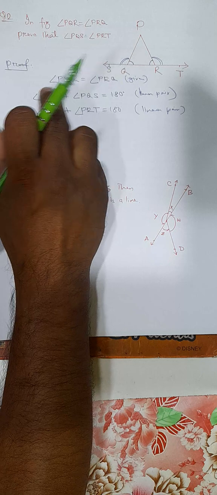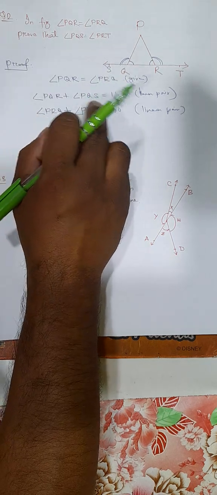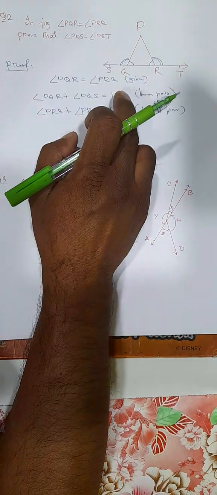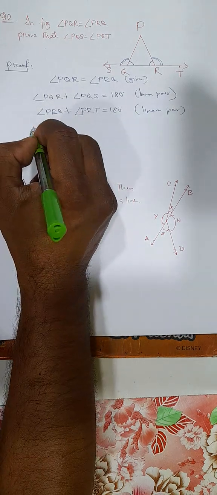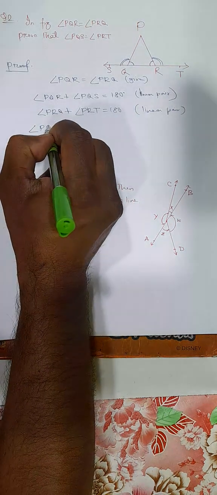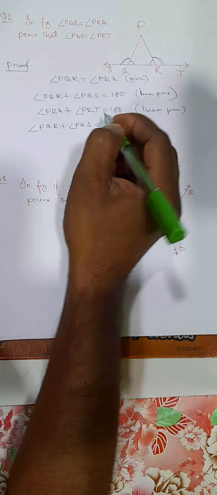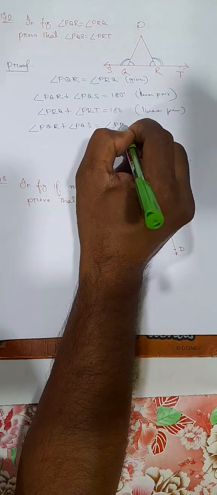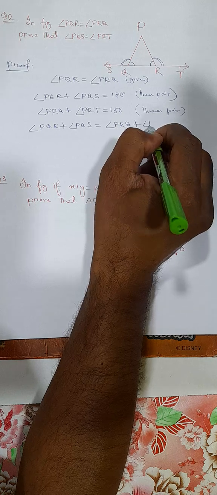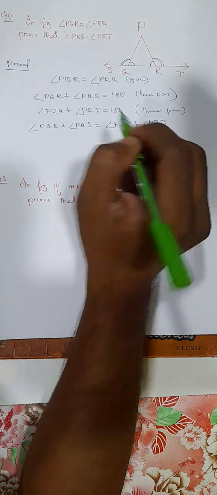Now these two relationships you can compare. Both right hand sides are the same, so you can compare: angle PQR plus angle PQS equals angle PRQ plus angle PRT.